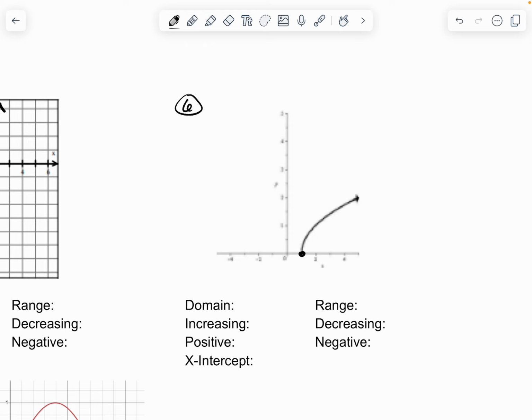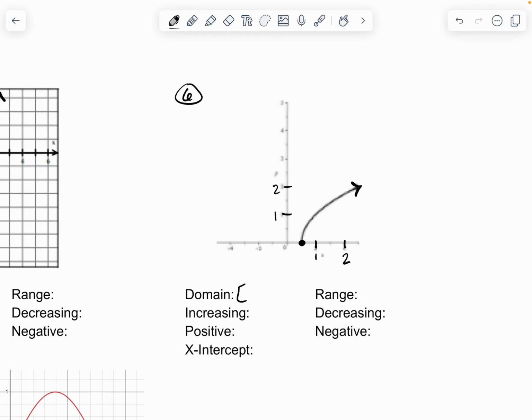Okay, 6. 6 right here. This has a closed interval on the left-hand side and a never-ending interval on the right-hand side. So this domain starts at an x value of, what do we say? This was 1 and this was 2.